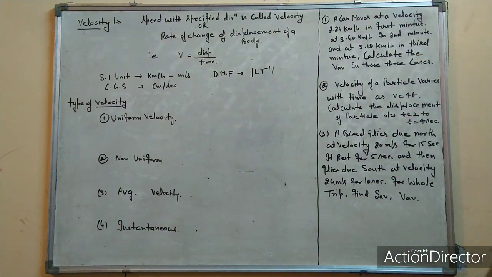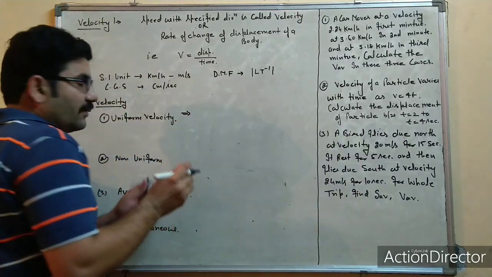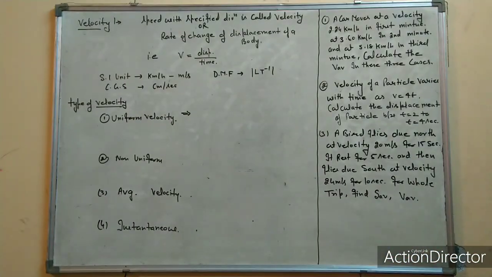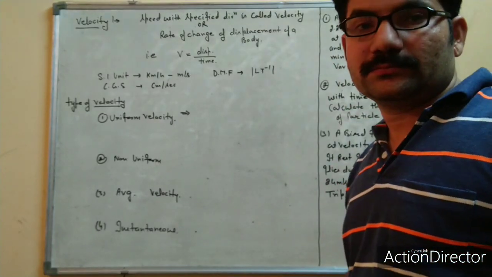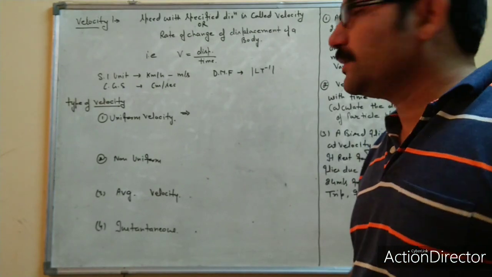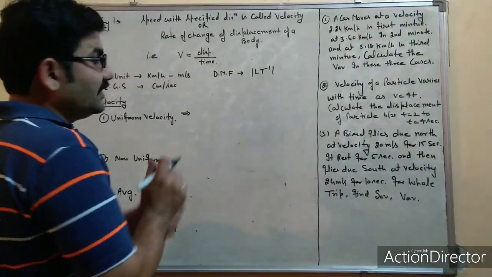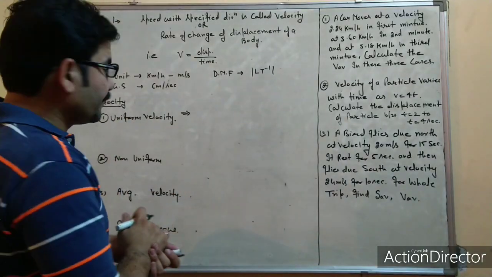What is meant by uniform velocity? A velocity is said to be uniform if the magnitude and direction of the displacement do not change with respect to time.